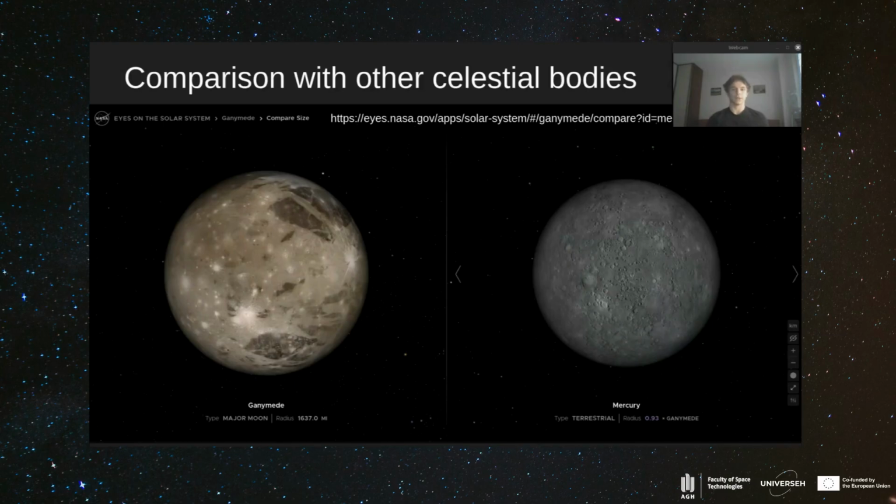And here we have the largest moon in our solar system, Ganymede, compared with Mercury. Mercury is 7% smaller than Ganymede, which is interesting because Mercury is considered a planet.